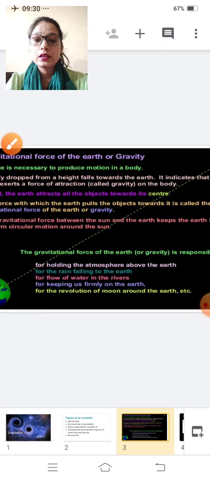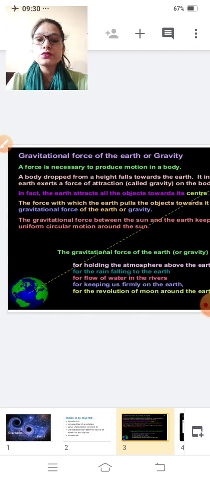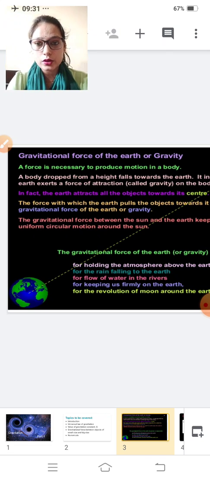Introduction. Gravitational force of the earth, or gravity. As we all know, a force is necessary to produce motion in a body. If you want a body to move, you will apply force on that body.